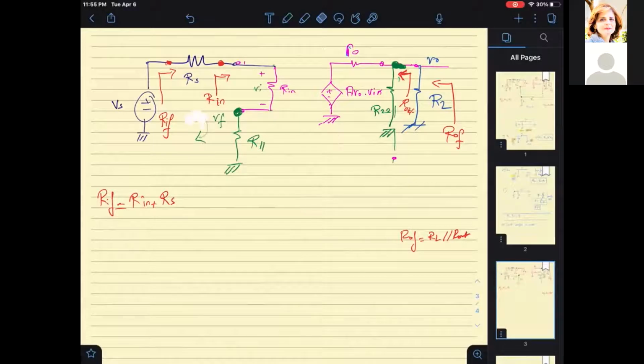Okay, so I will plug in R11, I will plug in R22, and for those of you who did not catch it, let us repeat. I had the beta block.